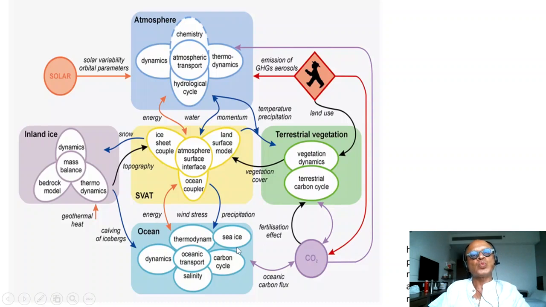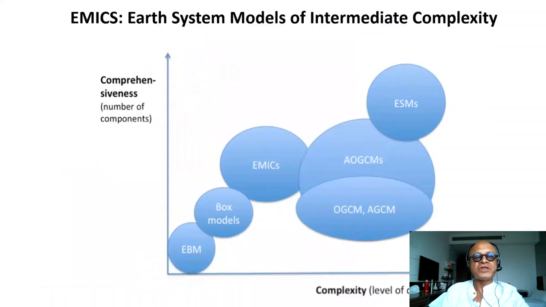Okay, so it looks comprehensive in terms of the processes involved, but obviously if you use low resolution, then it helps with running for a long time. But there are processes that are essentially at very high resolution, for example, convection, which will be parameterized in a coarse resolution model, and subseasonal timescale processes like the Madden-Julian oscillation or the monsoon intraseasonal oscillation and so on, which require coupling at a very small scale.